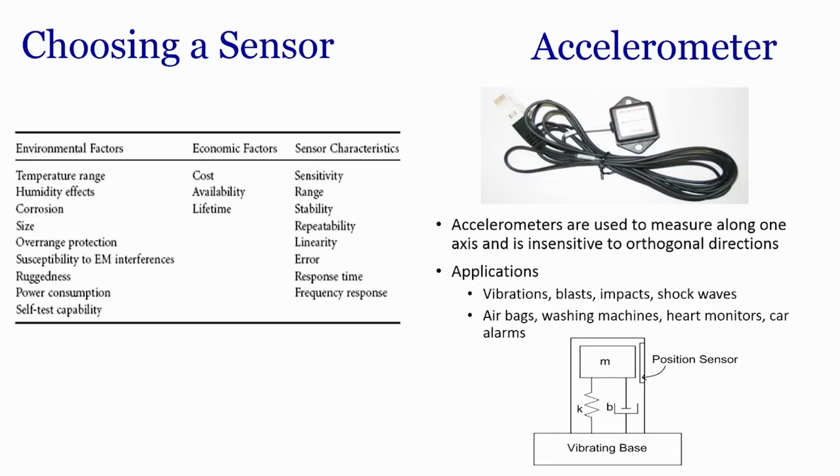For example, what is the temperature range, how the humidity will affect the sensor, what kind of corrosion is there, what is the size of the measurement, overrange protection, susceptibility to electromagnetic interference, that is called EM interference, ruggedness, how rugged your device is, power consumption, is the sensor capable of using a lesser amount of power. So, power consumption is a very important phenomenon. Then your self test capability, repeatability, right, a lot of things are there which you call environmental factors.